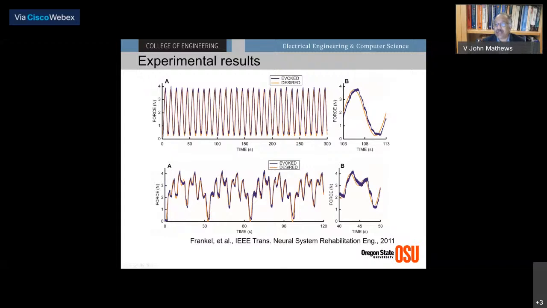These experiments were done on a cat. Basically, what we were doing was anesthetizing the cat to simulate paralysis. So we don't really do anything bad to the cat, but the cat, of course, had an implanted electrode in its leg. The difference between this plot and this plot is just that this one is zoomed a little bit more so that you can see the jitter in the evoked force. This was a pure sinusoid.